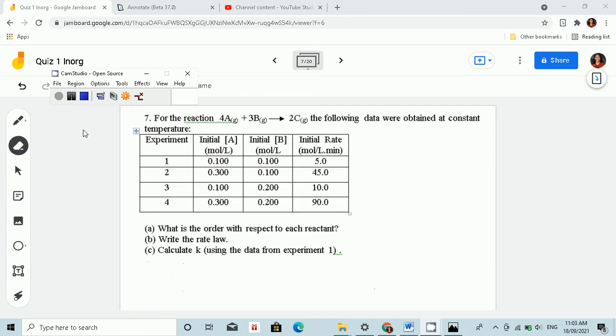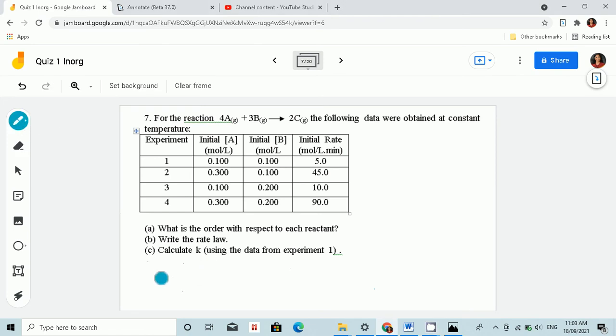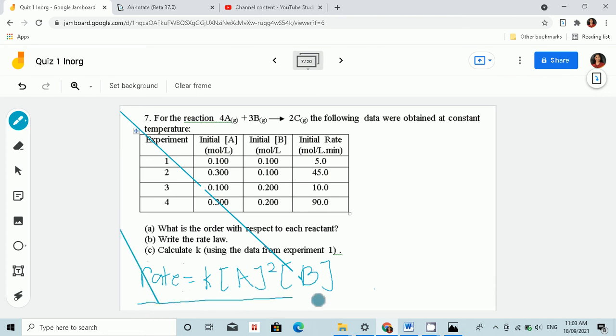From the answers we've solved in letter A and letter B, we have arrived at the rate law, which is rate is equal to the constant times the concentration of A, which is second order, and the concentration of B, which is first order. So we have this rate.